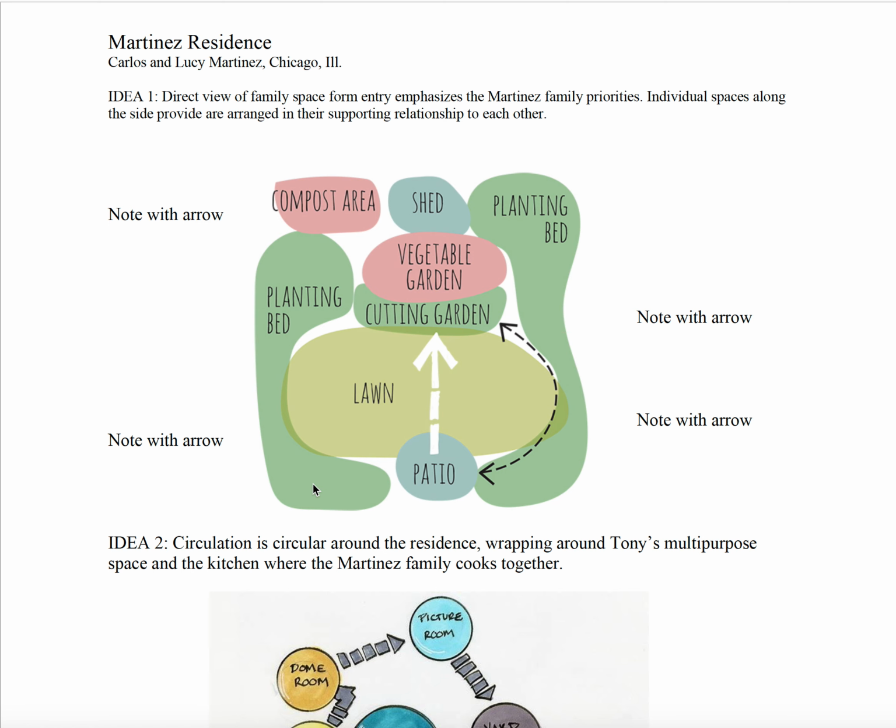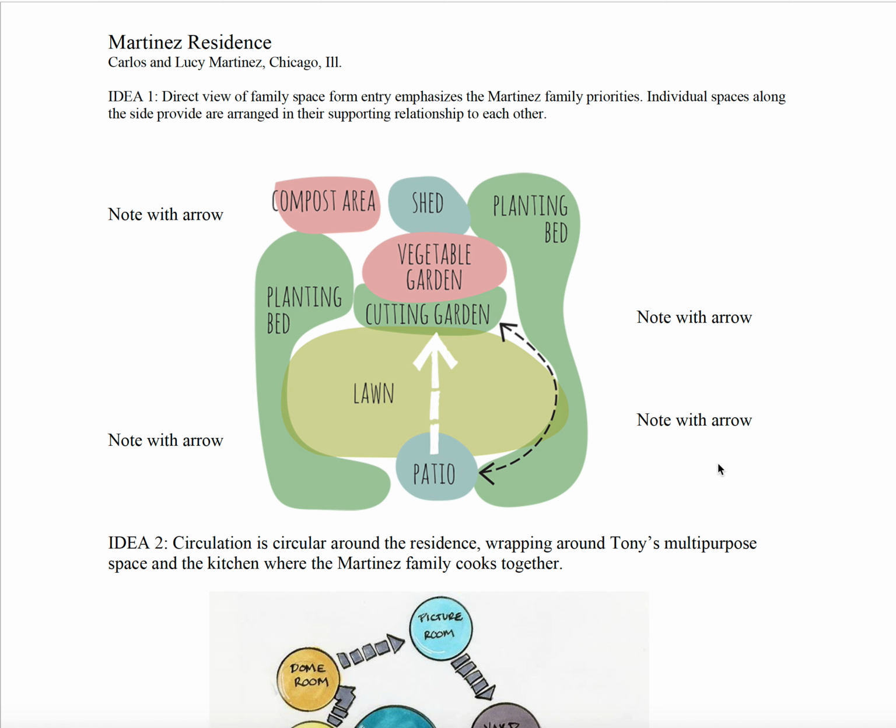So they might need Tony's area to be simple and intuitive so that regardless of who's watching him, maybe he has friends over, maybe he's having a party, or whatever the situation is, that space is clearly defined, and perhaps there's a bathroom nearby so that anybody there isn't looking around the house for a bathroom. Perhaps the kitchen's nearby. So there are some spatial arrangements that are simple and intuitive to the area. So that would be another example.